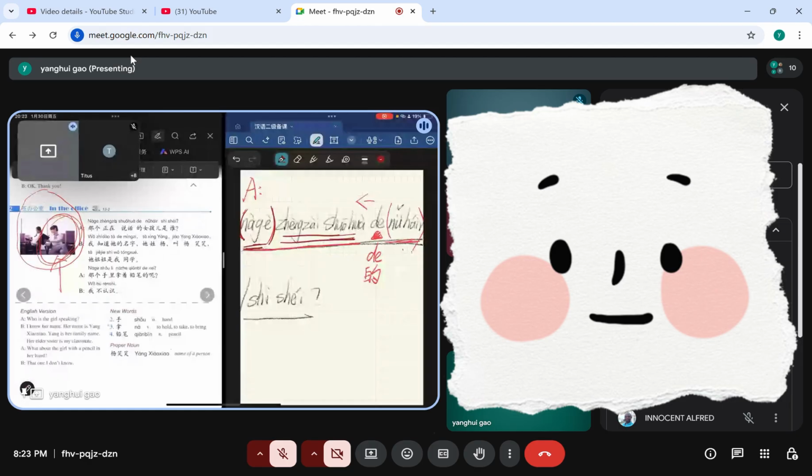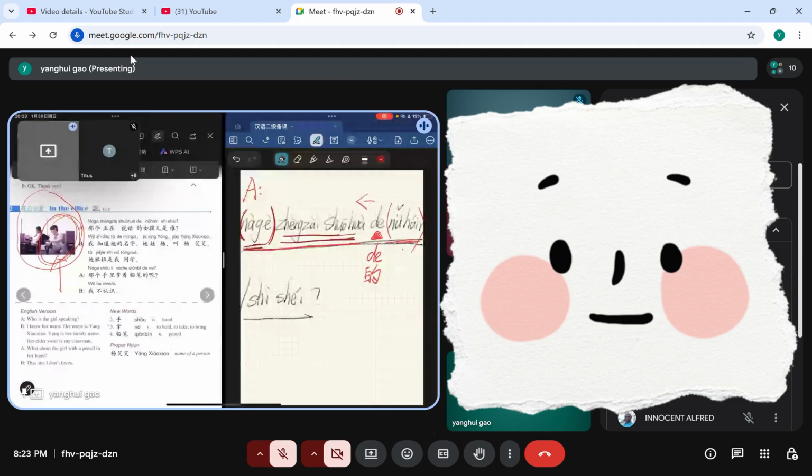Okay. 那个正在说话的女孩, and then the second part 是谁, who is.